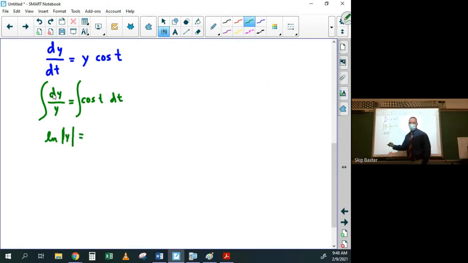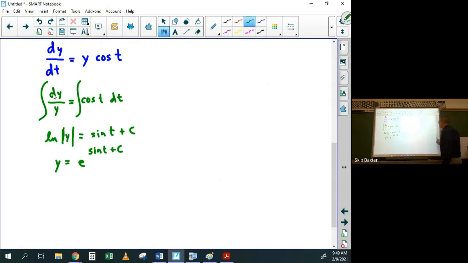And on the right, sine t plus c. So then how can you solve for y? Yeah, y equals e to the sine t plus c.